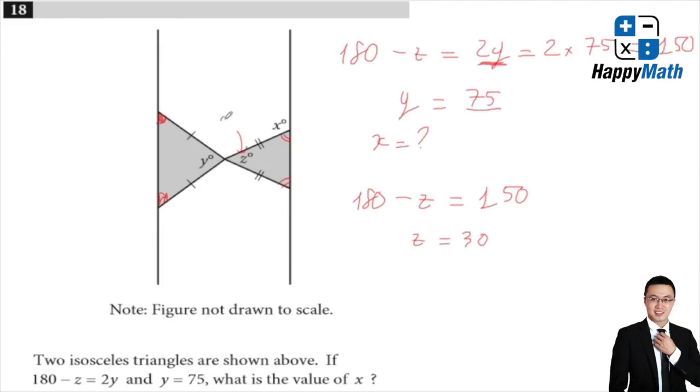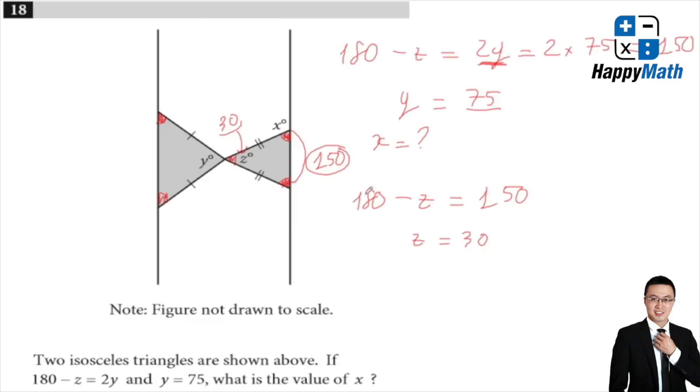So this angle is 30, and the two remaining angles in this triangle have to add together to equal 150, because the total of the three angles in the triangle is 180 degrees. Only one angle is 30 degrees, so the total of the two remaining angles is 150 degrees.